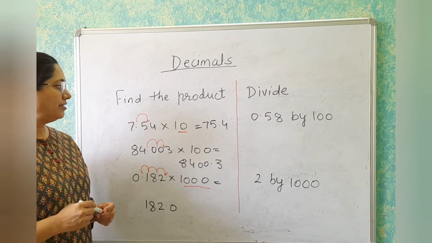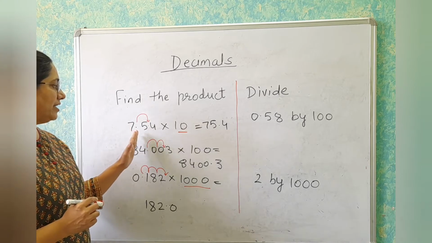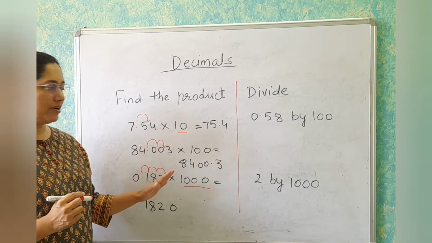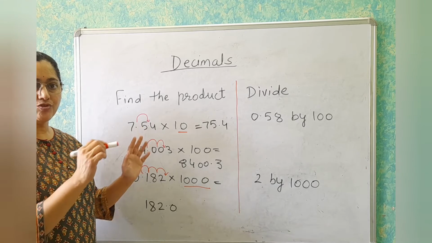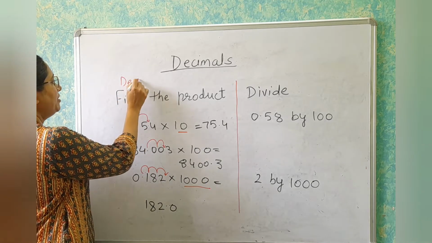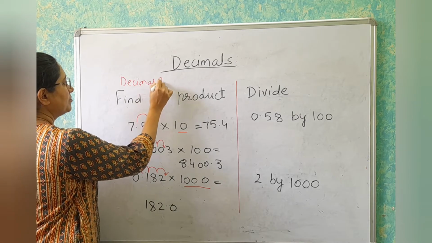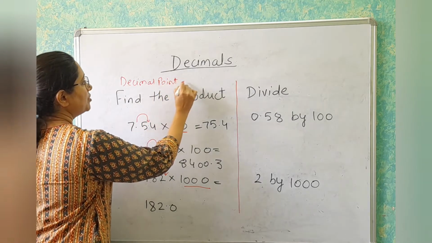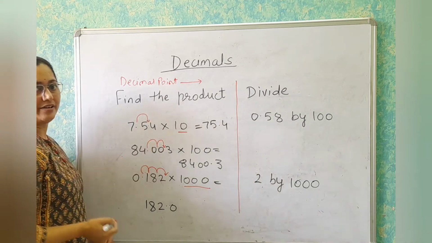So we can say that whenever we multiply decimal numbers with 10, 100 or 1000, the decimal point shifts to the right hand side.